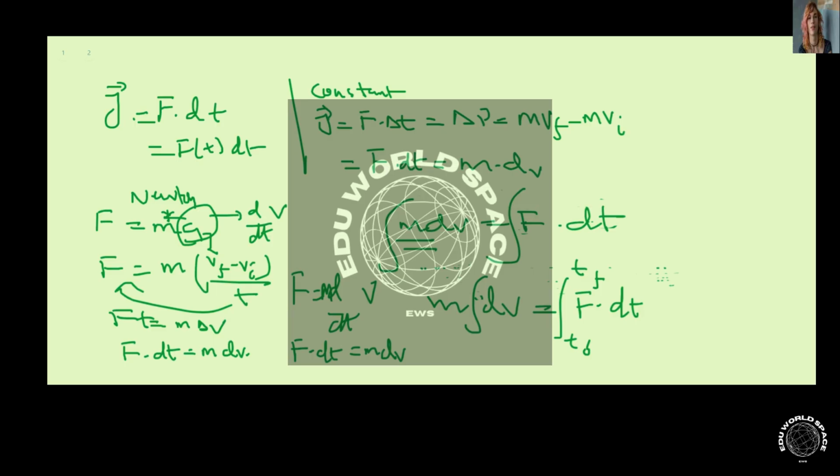If we do the same thing on this one, from t0 up until t final, we end up with the initial momentum, which is m v final minus v initial equals the integral from t0 up until t final of F dt.